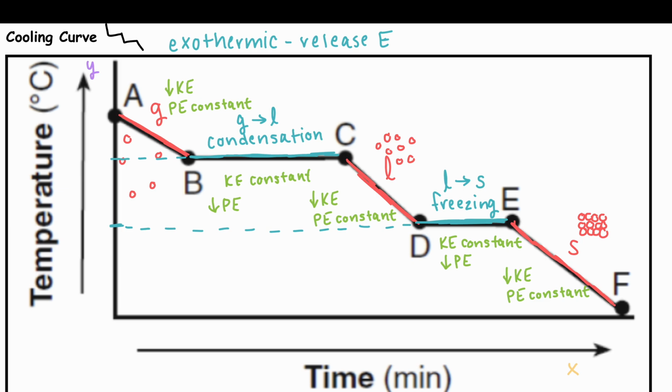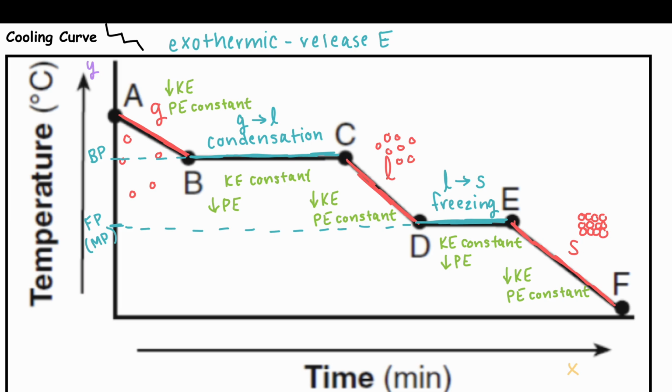So from a gas to a liquid, this condensation temperature is the same thing as the boiling point, right? It's just in reverse. Maybe we can even call it the condensation point. And then this one could be the freezing point, which is the same thing as the melting point, right? The temperature at which this substance will freeze.